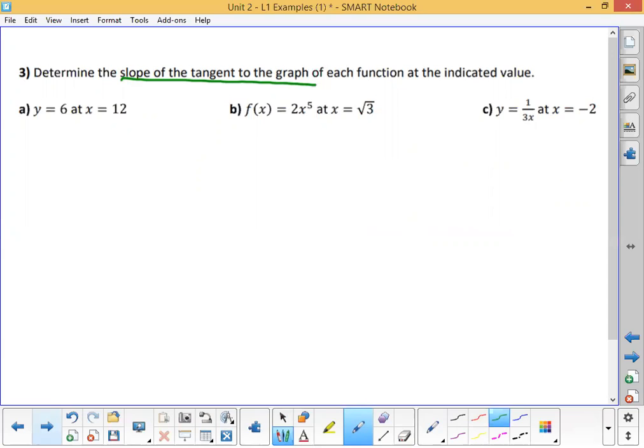So you don't want to get confused, as Nicholas pointed out yesterday, that if you have a quadratic function or a cubic function, getting the derivative is just to help you find the slope of the tangent to the graph. Take a second to write that out.